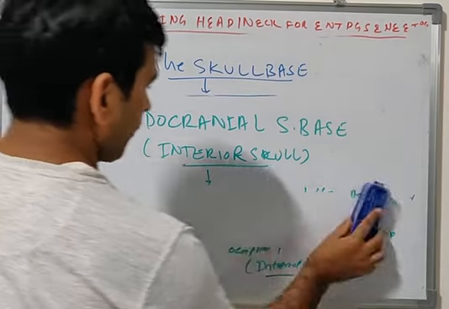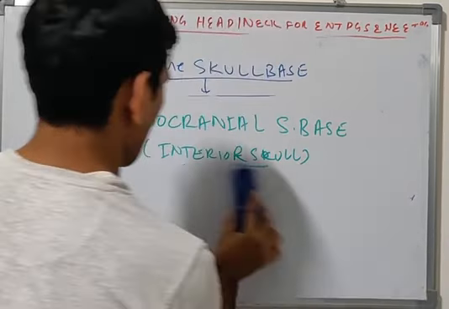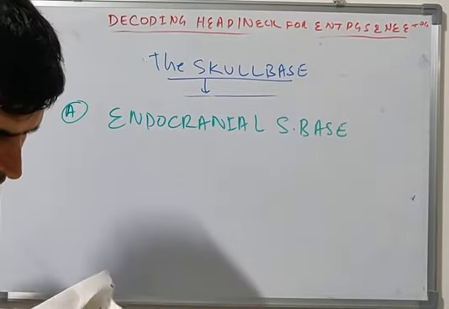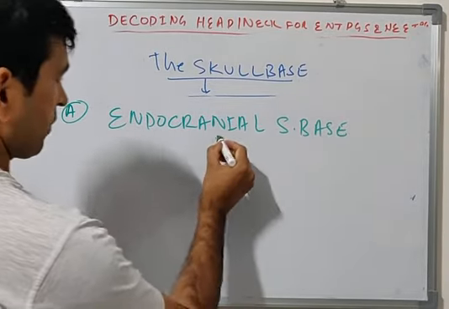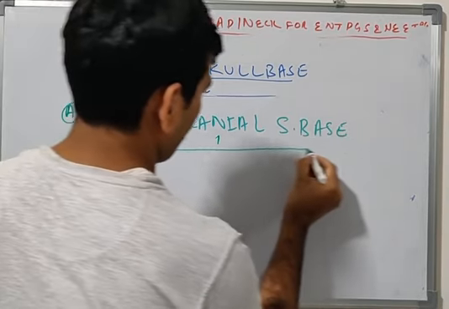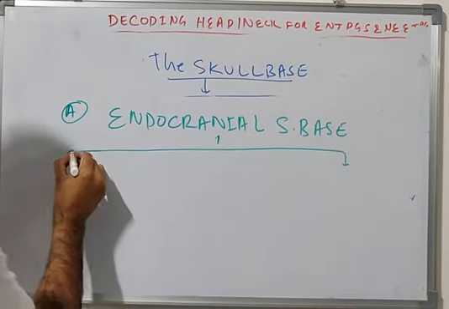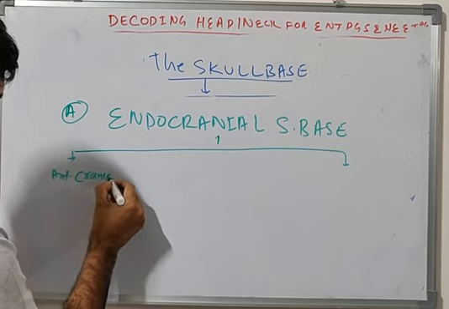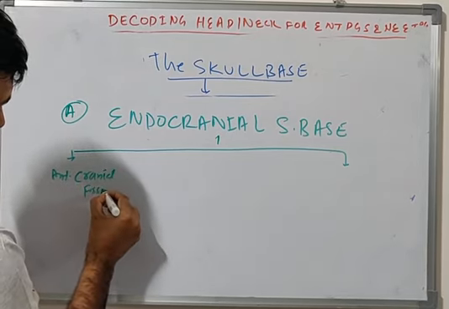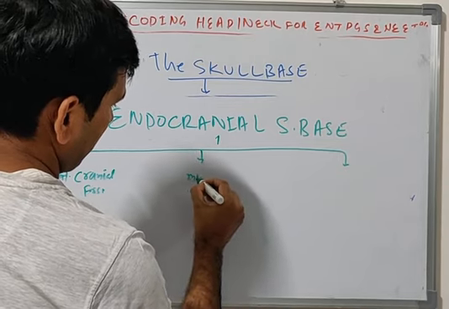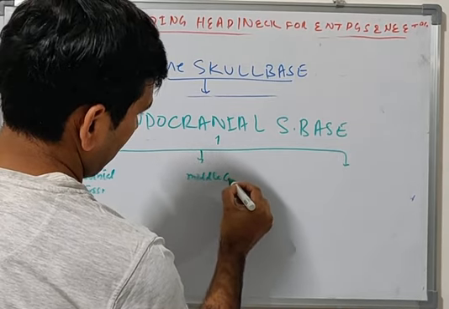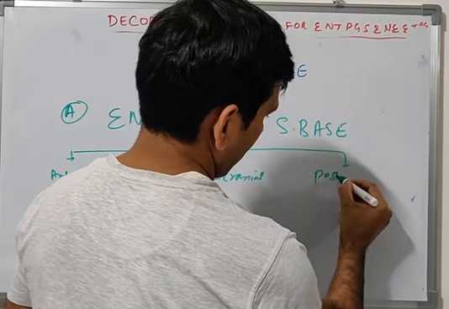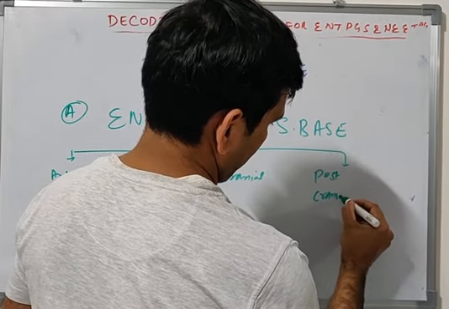Now this endocranial skull base is again divided into three parts: anterior cranial fossa, middle cranial fossa, and posterior cranial fossa.